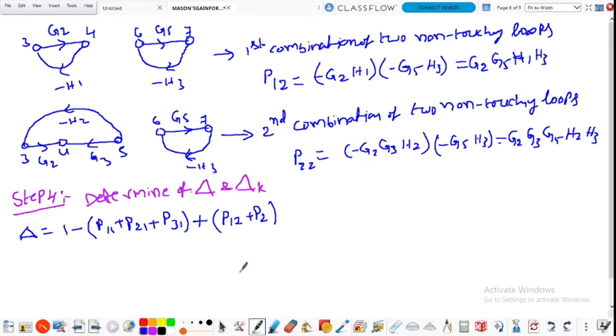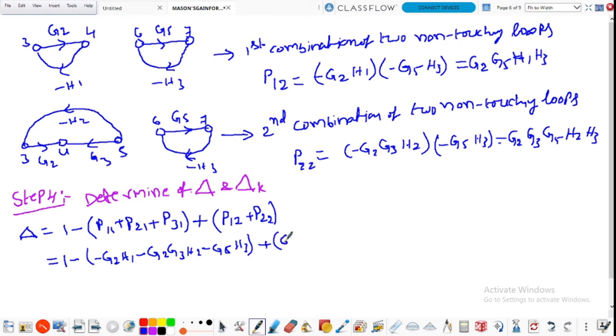And substitute the P11, P21, P31, P12 and P22 values. Delta is equal to 1 minus, P11 is minus G2H1, P21 is minus G2G3H2, P31 is minus G5H3, plus P12.